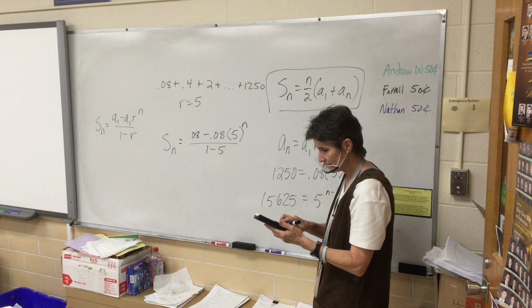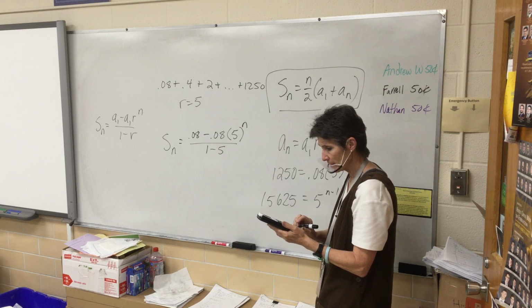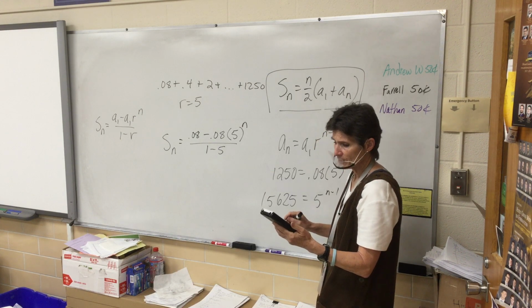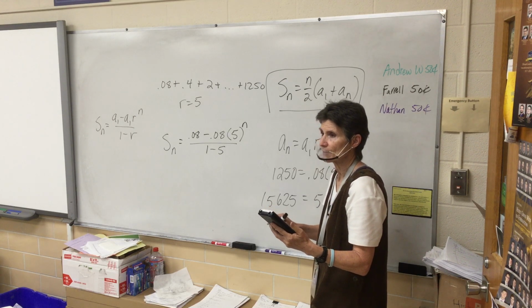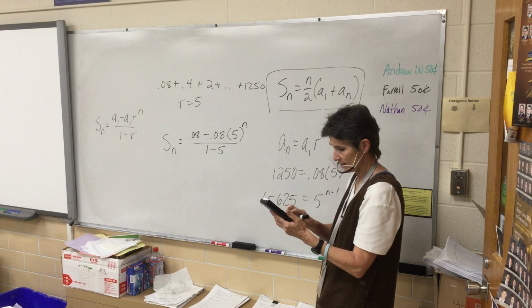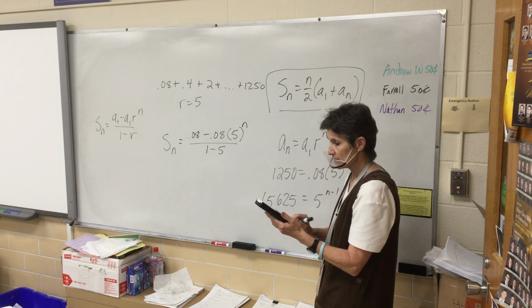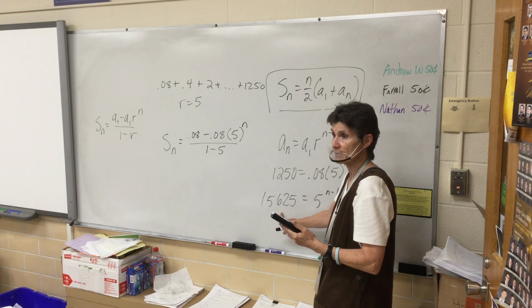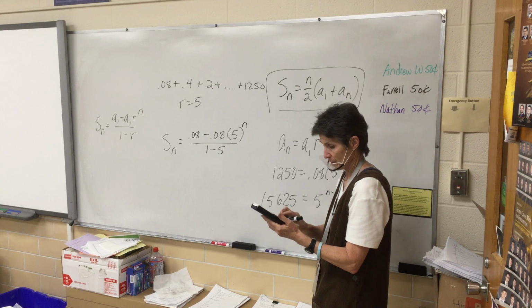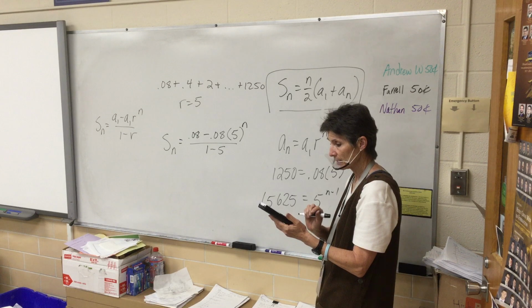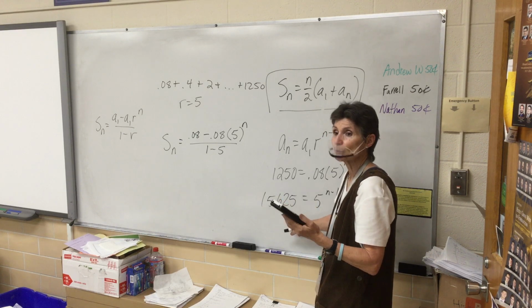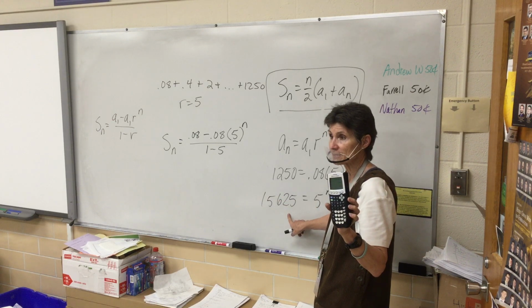So 5 to the 14th, oh geez, 5 to the 14th is like 61 trillion or something. It's huge. 8. So 5 to the 8th is 390,625. It's a little bit bigger than this, so we're getting close though. That's gonna be 5 to the 6th. That's my guess. This number is what I get when I do 5 to the 6th.